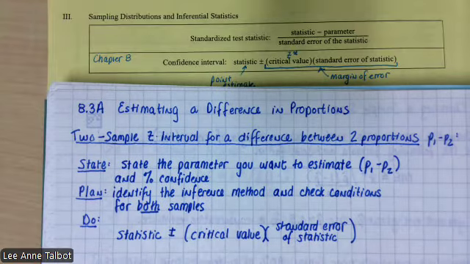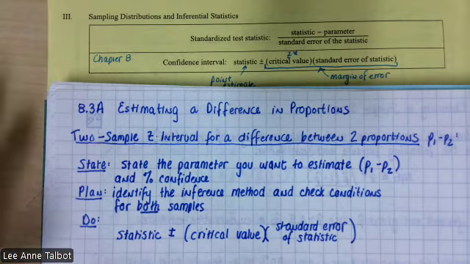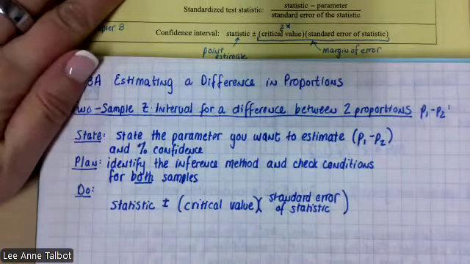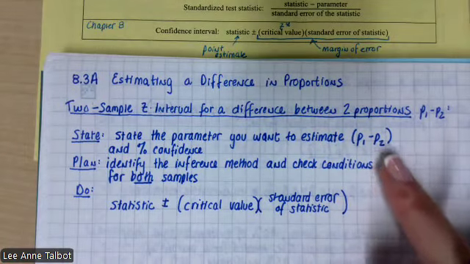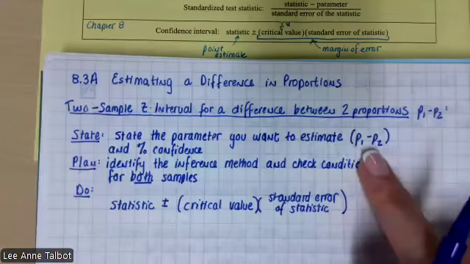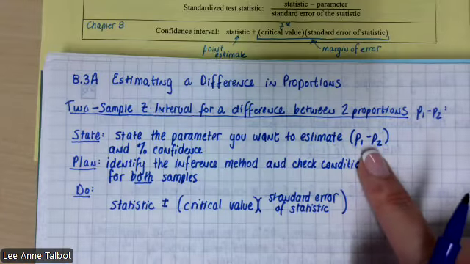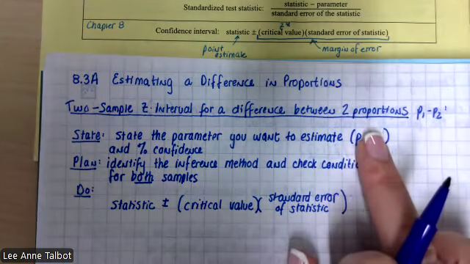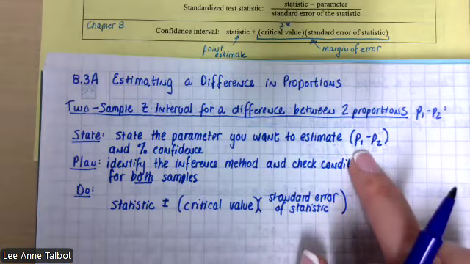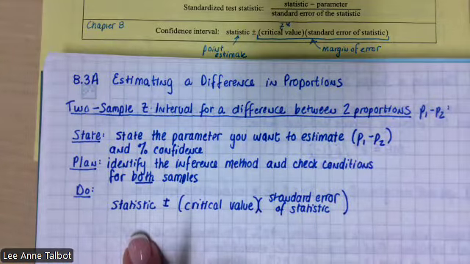Okay, let's go through these three things slowly. If the parameter that I'm estimating is P1 minus P2, what would the statistic be for that?